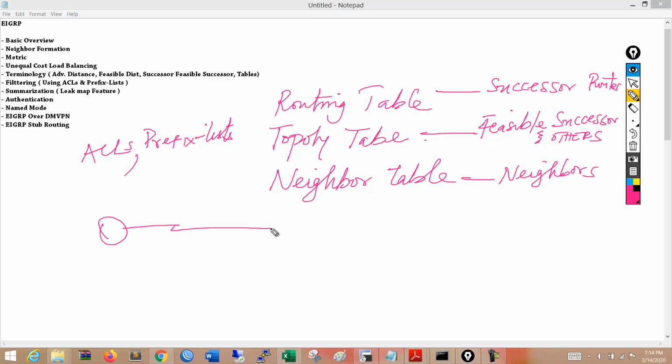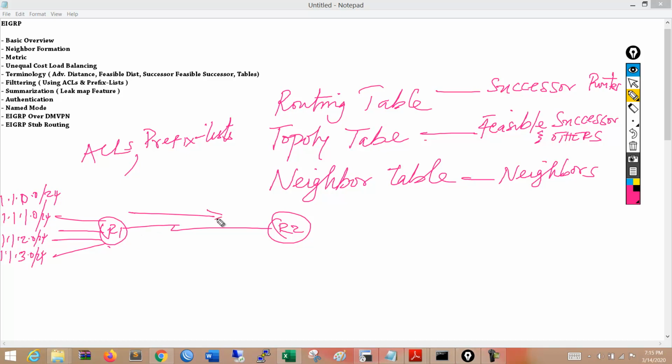So if I had a network R1, and R1 is connected to networks 1.1.0.0/24, 1.1.1.0/24, 1.1.2.0/24, and 1.1.3.0/24, for instance, and R1 advertises these routes to R2, R2 is going to have a bunch of routes: 1.1.0.0/24 via R1, the same thing 1.1.1.0/24 via R1, 1.1.2.0/24 via R1, and 1.1.3.0/24 via R1.